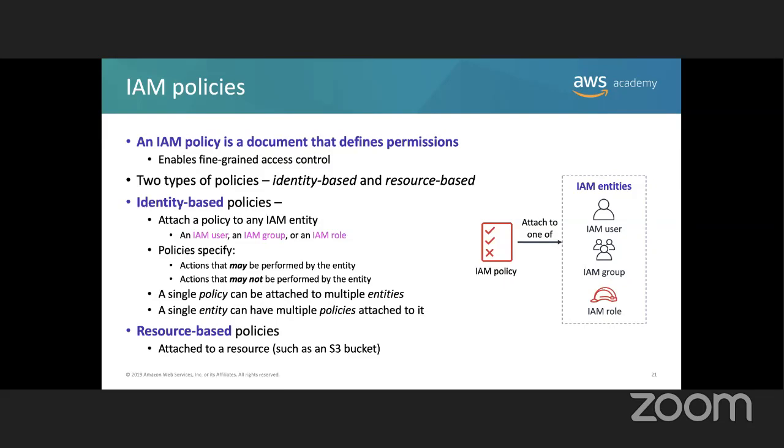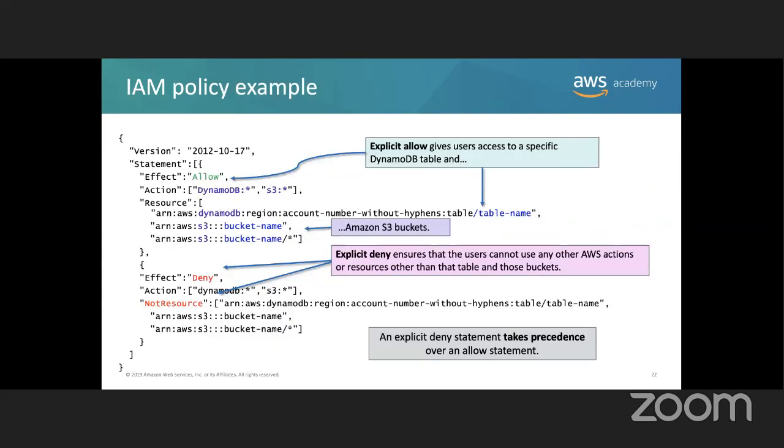A single policy can be attached to multiple entities, and a single entity can have multiple policies attached to it, okay? So we can get a policy and attach it to 20 users, and we can have one user that has 20 policies. That's possible. A resource-based policy is attached to a resource, such as an S3 bucket, so you can attach an IAM policy to an S3 bucket.